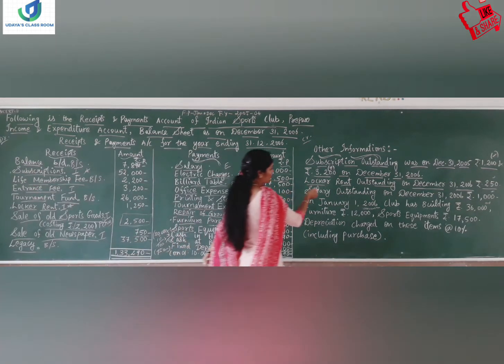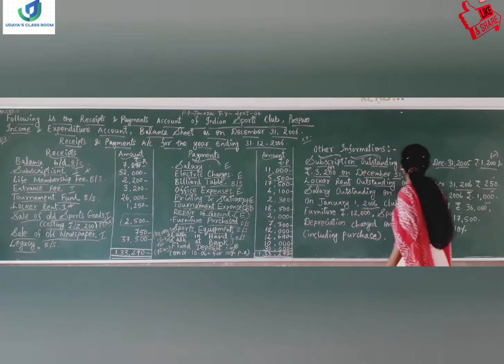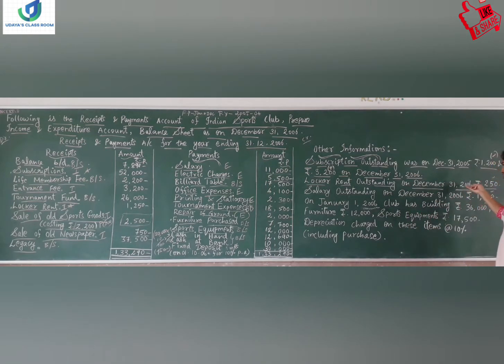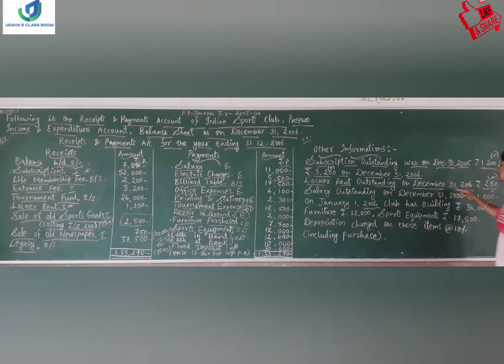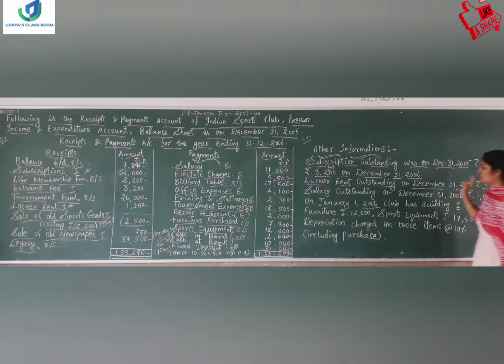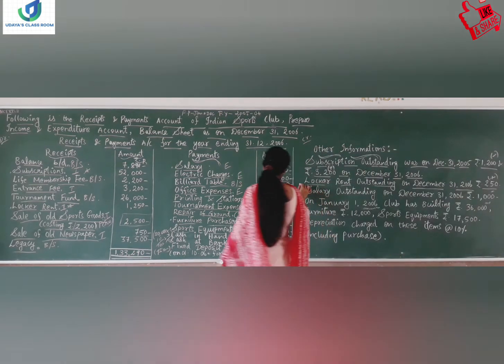So in adjustment, local rent outstanding on December 31st, 2006, which means this is the outstanding for the current year. So current year outstanding should be added up. So what we have to do? Local rent 1,250 plus outstanding local rent 250 we have to add. So this is also over.